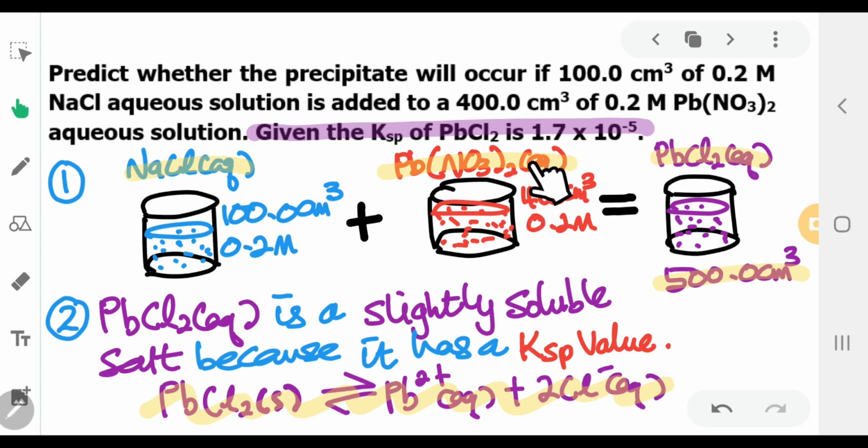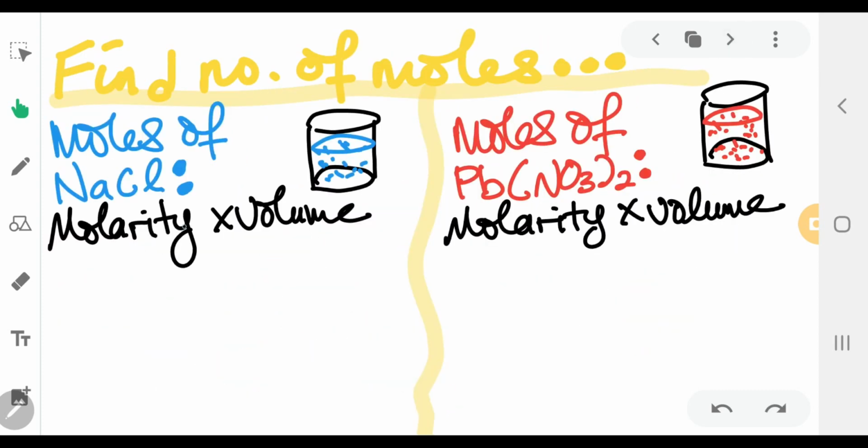You're going to get the concentration of Pb2+ from there, and you're going to use this final volume to get that concentration. To get the concentration, you have to find the number of mole of NaCl involved and also the number of mole of lead nitrate involved.